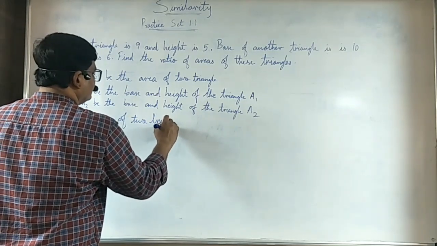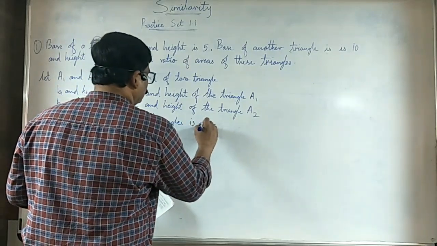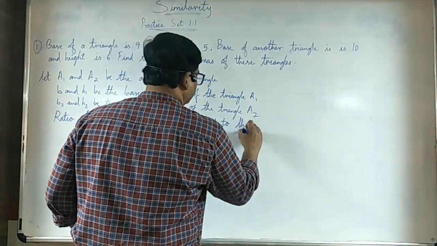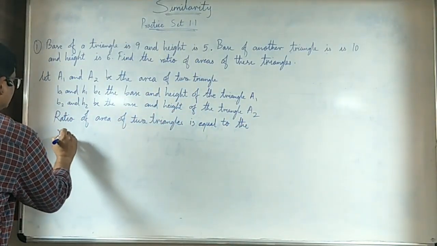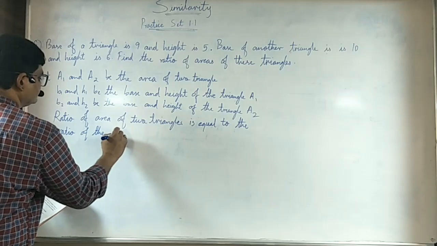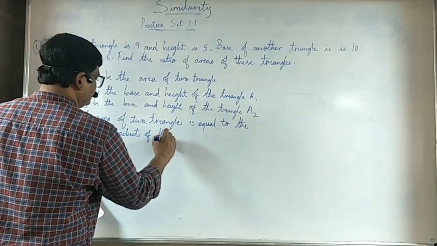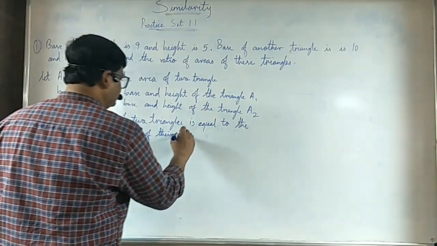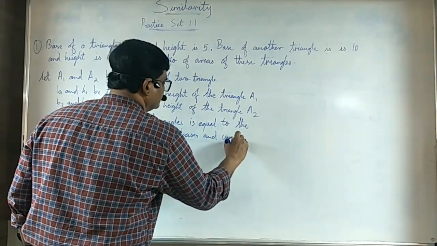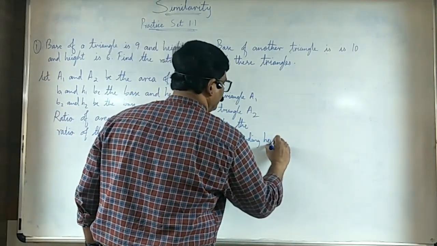Yes, the ratio of the areas of two triangles is equal to the ratio of the product of their bases and corresponding heights.